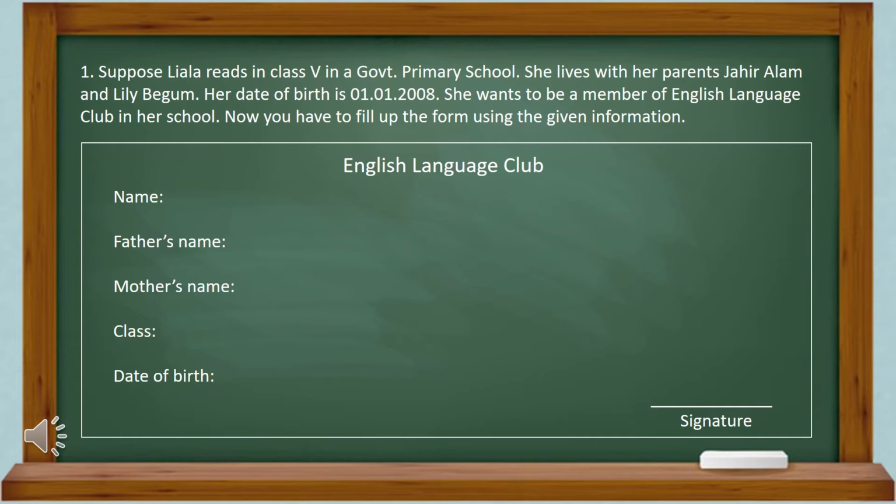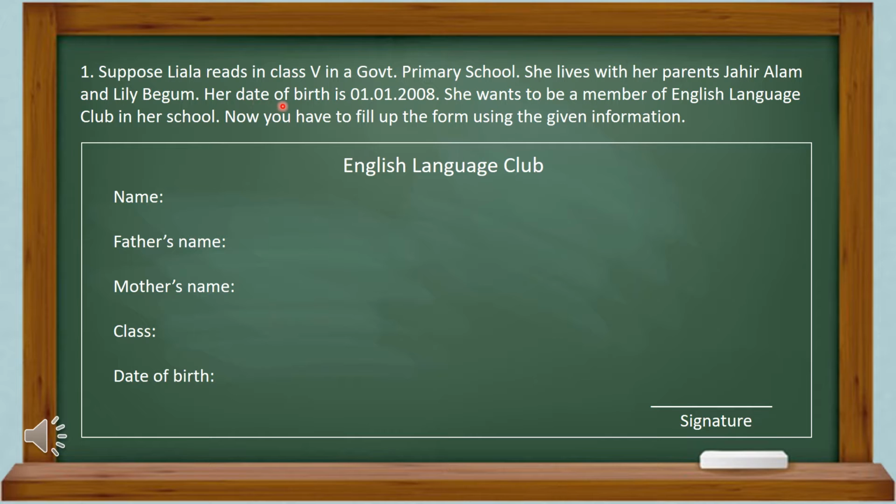Now let's solve some forms. Here is a question. Suppose Laila reads in class 5 in a government primary school. She lives with her parents, Jahir Alam and Lily Begum.